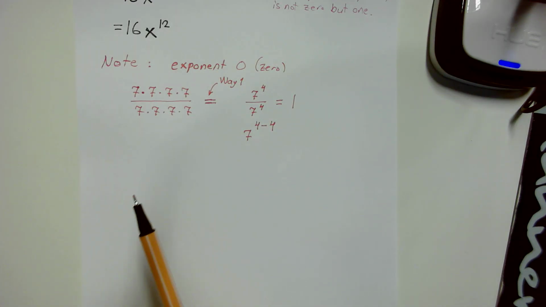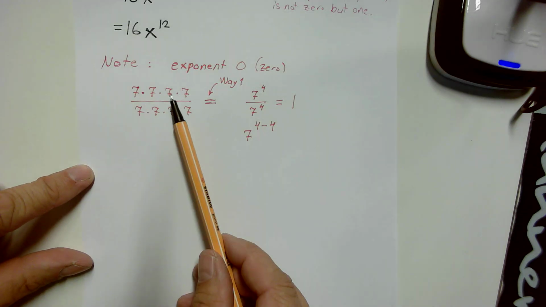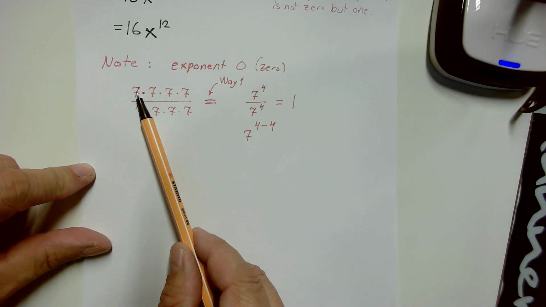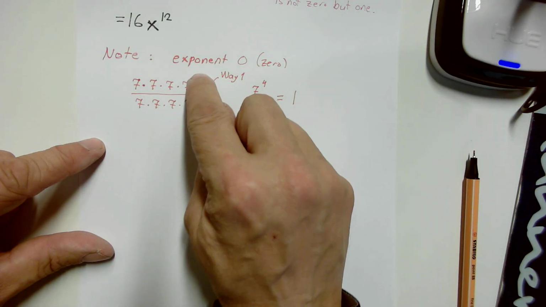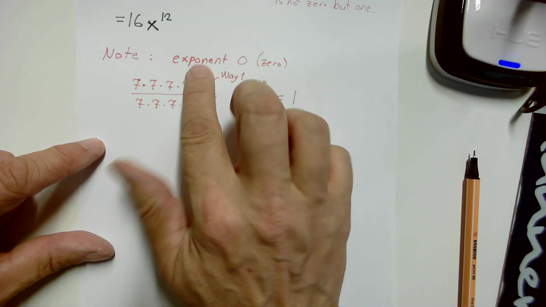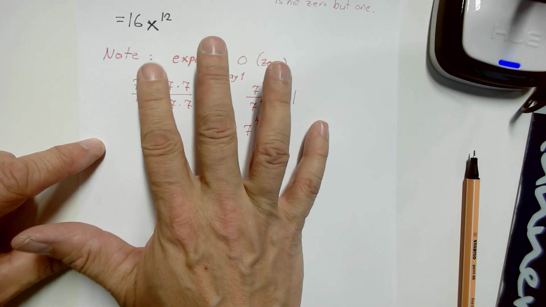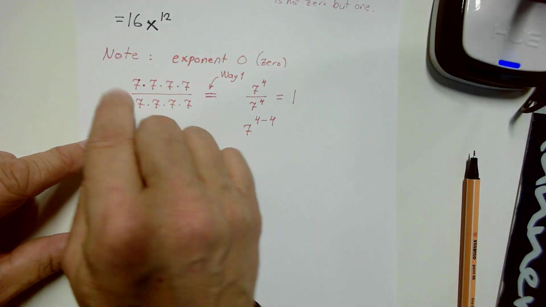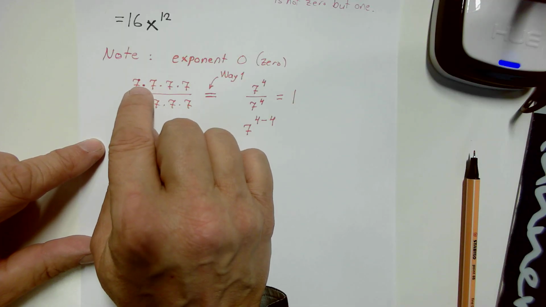Actually, it means the same that we have here 4 sevens in the beginning. If we take away one seven at a time, now we have 3, now we have 2, now we have 1, and now we have taken all away. So we have had only 0 sevens there.